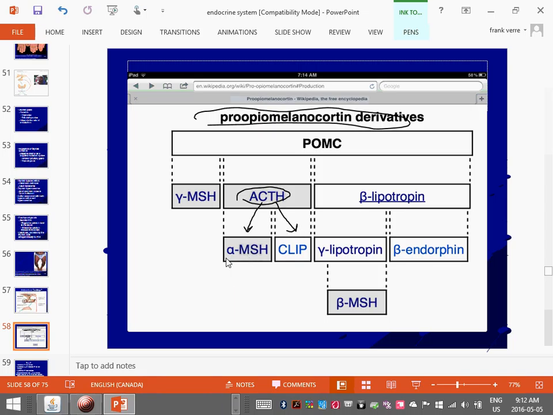One of them is this, which is alpha melanocyte stimulating hormone. Now, do you know what a melanocyte stimulating hormone is? Or is it melanin stimulating hormone? I can't remember now. It's either melanocyte stimulating hormone or melanin stimulating hormone. But the key is the word melanin.